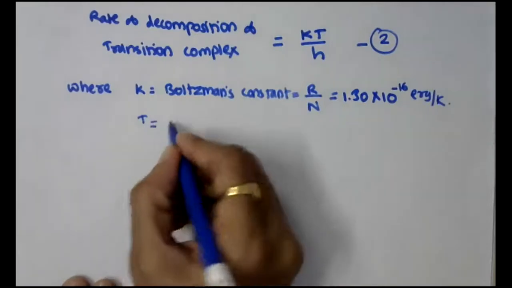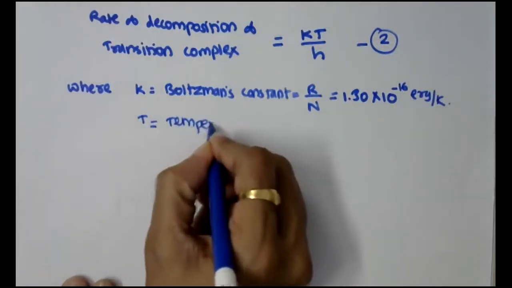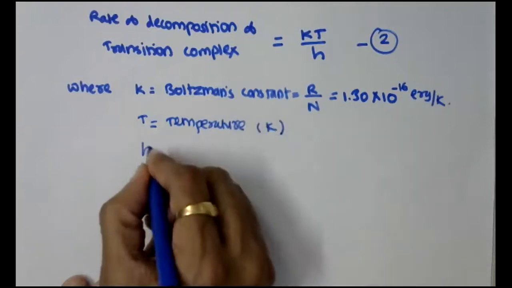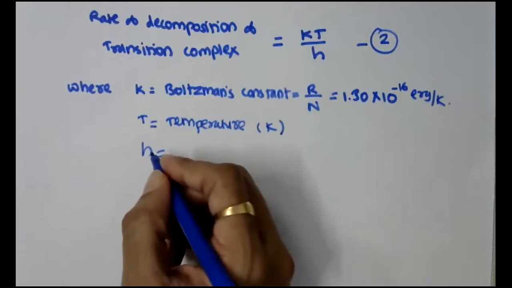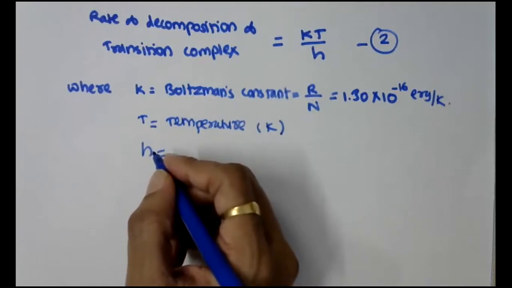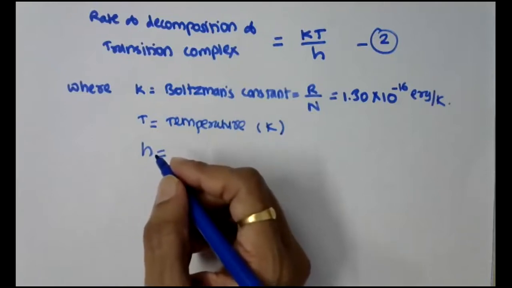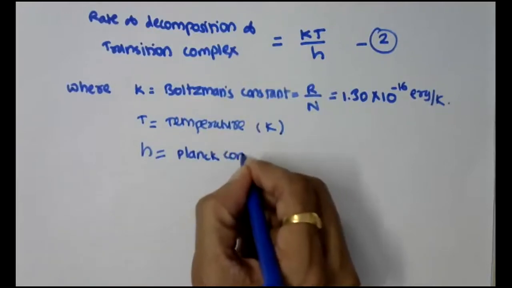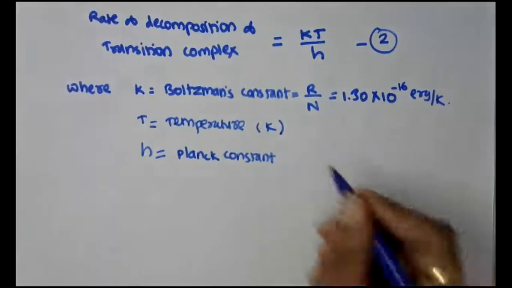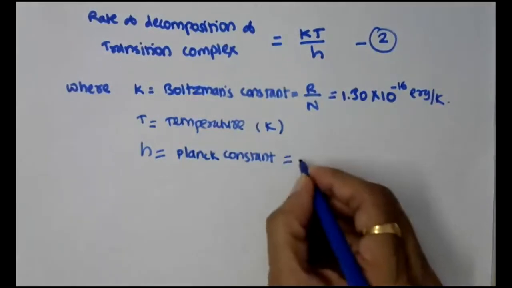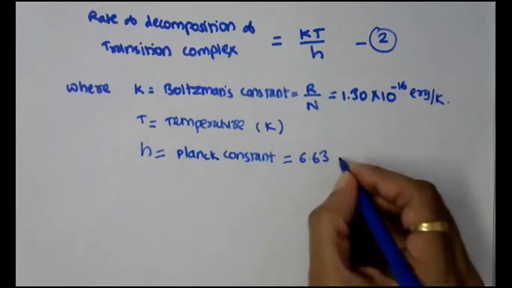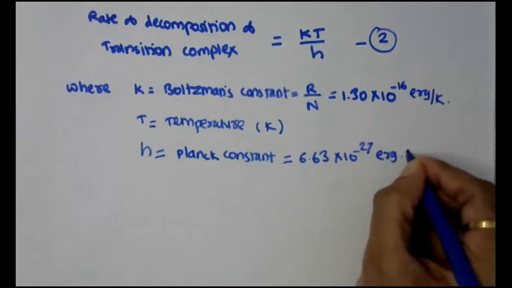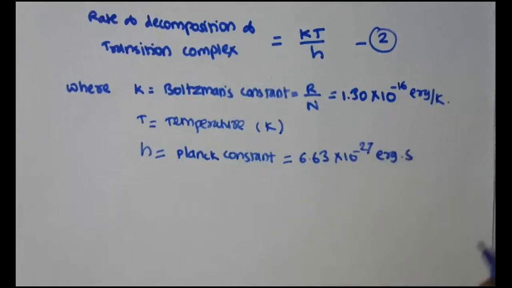Similarly, T is equal to the temperature at which the reaction is carried out in Kelvin. h is equal to Planck constant, which is equal to 6.63 into 10 raised to minus 27 erg second.